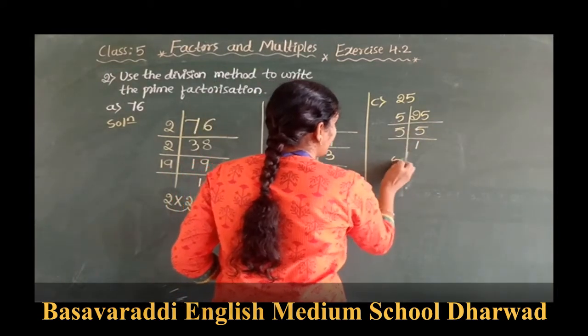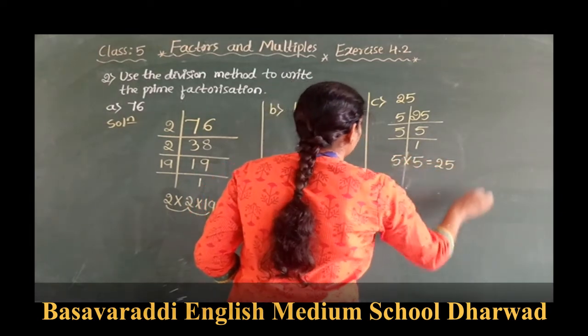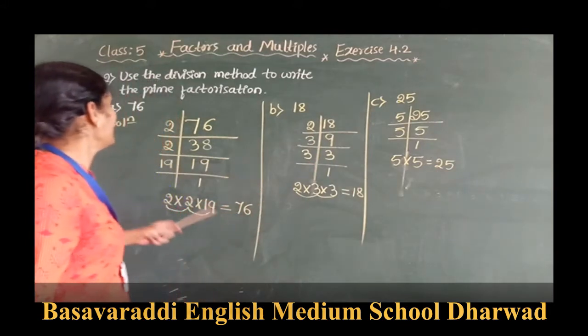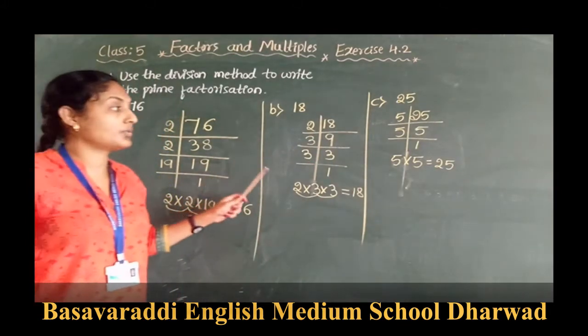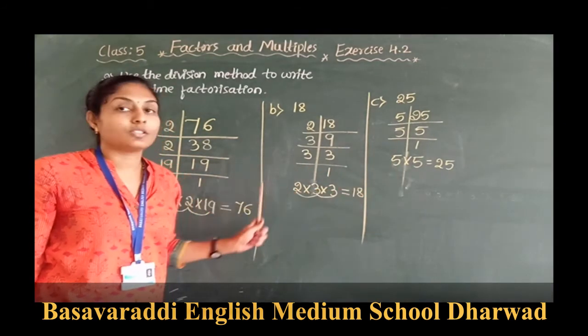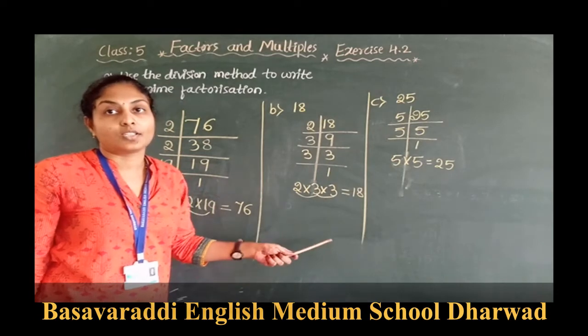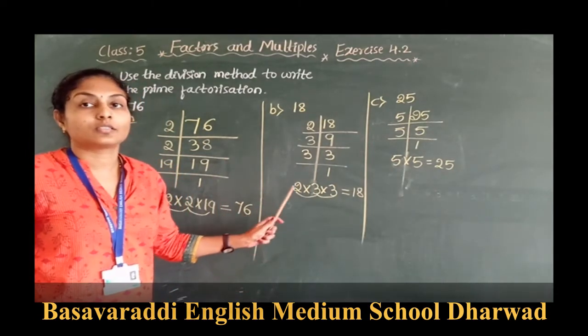Write all the factors: 5 into 5, that is 5 fives are 25. These three are the derivations of the second main question. Remember the rules. The divisibility rules are very important to derive the prime factorization. Next, let us do the third main question.